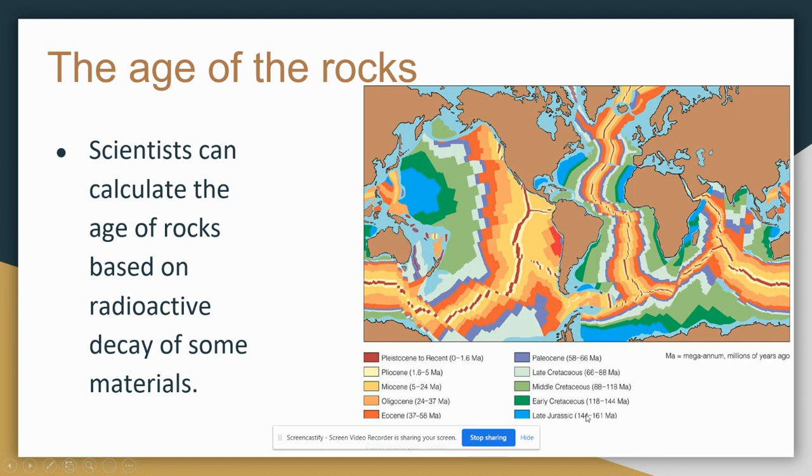So look at this. The oldest ocean crust is 161 million years old. So that's quite old. Continental crust is going to be even older in some places. So over millions and millions of years, plates move slowly past each other, and that causes earthquakes, volcanoes, different trenches and mountains in different areas.